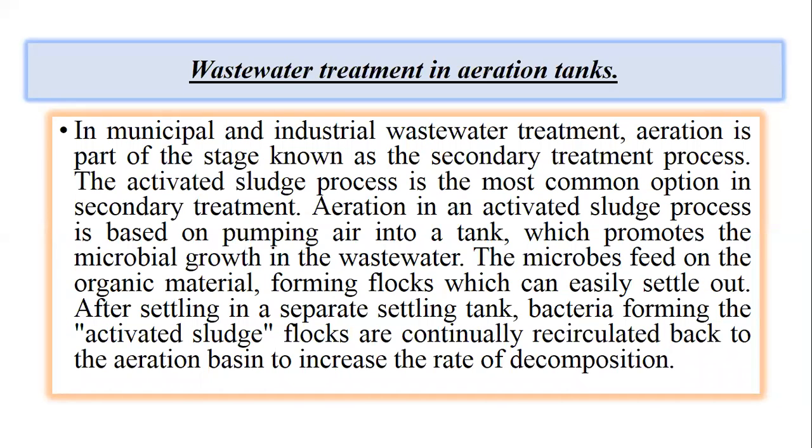The microbes feed on the organic material, forming flocs which can easily settle out. After settling in a separate settling tank, bacteria forming the activated sludge flocs are continually recirculated back to the aeration basin to increase the rate of decomposition.